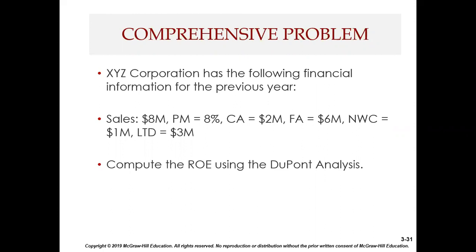So 8 divided by 5 will give us an equity multiplier of 1.6. So if we take our 0.08 times 1 times 1.6, looks like our return on equity is 12.8%.